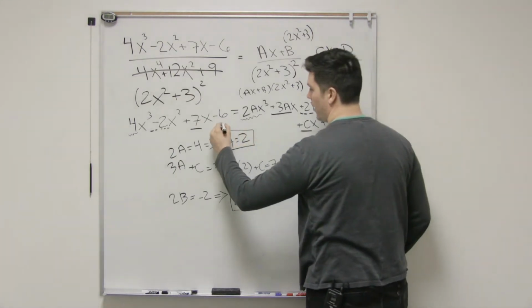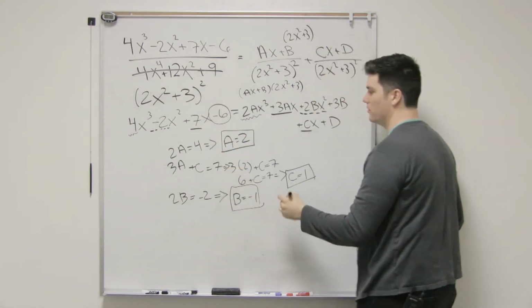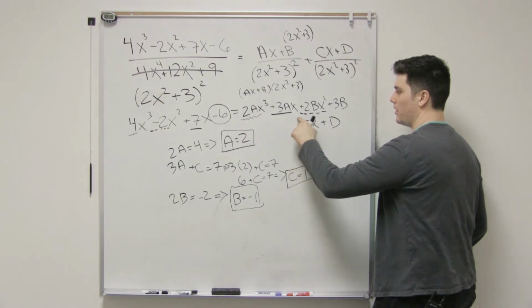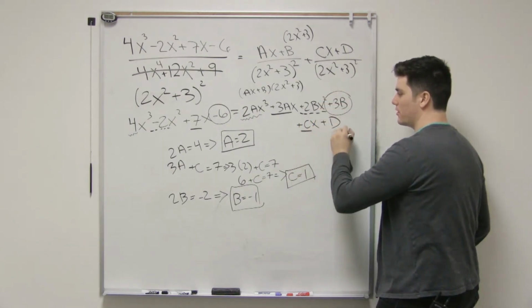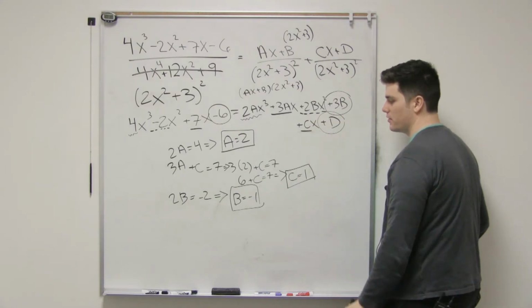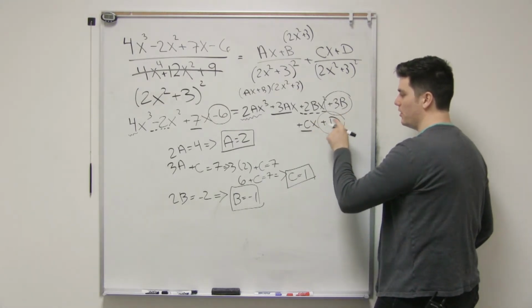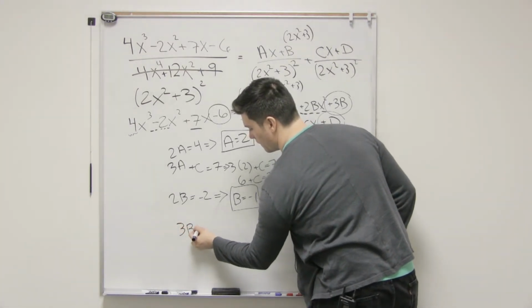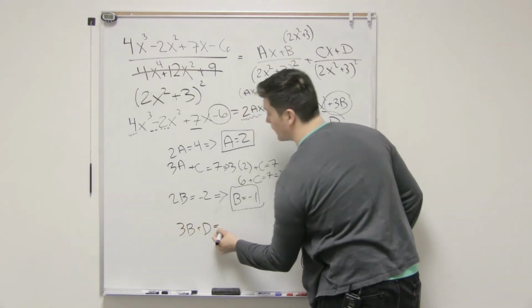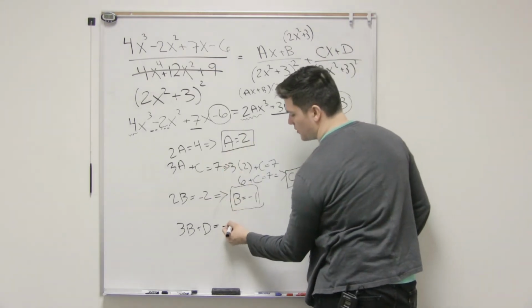Let's go ahead and circle that. We've got a -6 there. We've got x cubed, x squared. Here's a constant, there's no x. Cx, and here's the other constant, there's no x. So 3b plus d needs to equal -6.